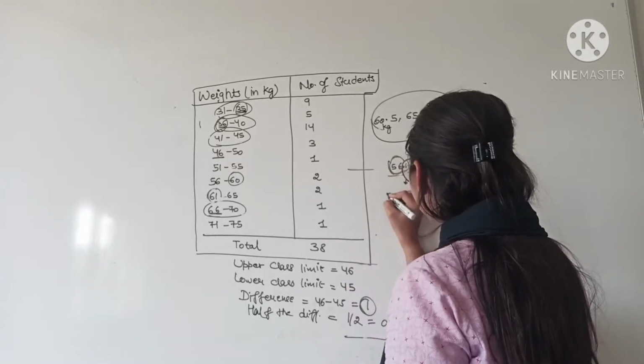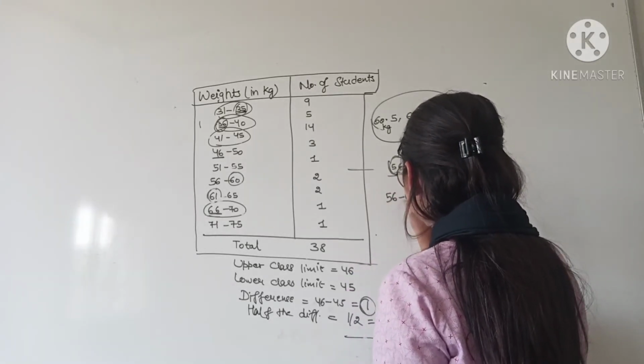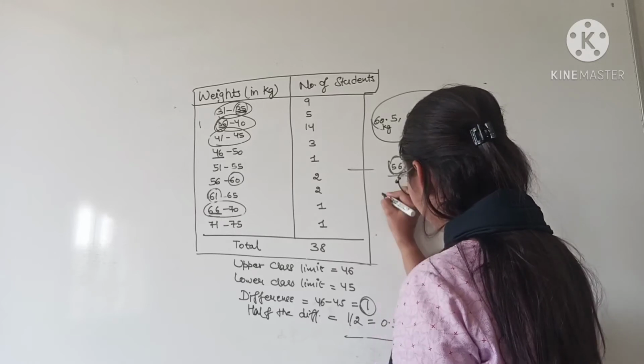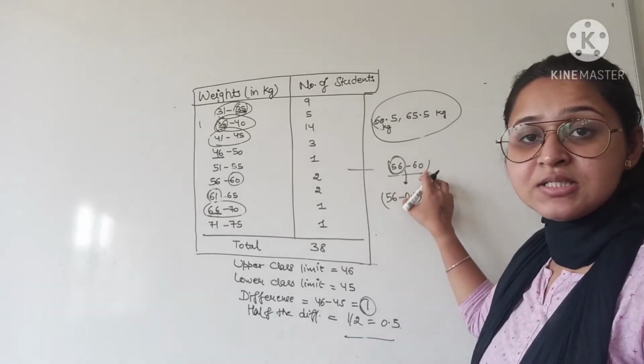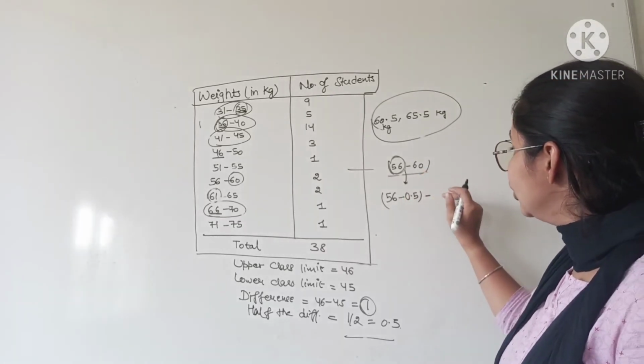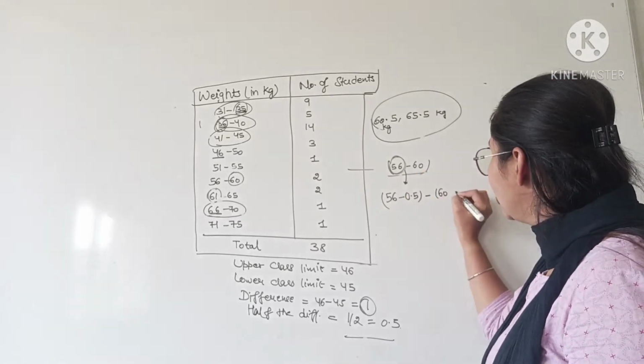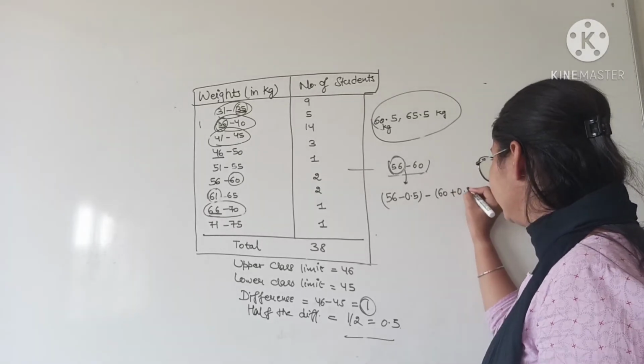So you will do 56 minus 0.5. Now the upper class limit is 60. It means you will add 0.5 here.